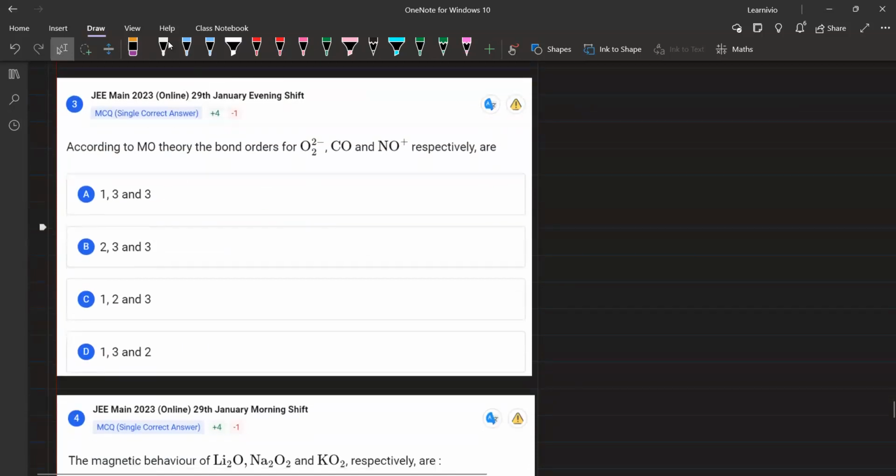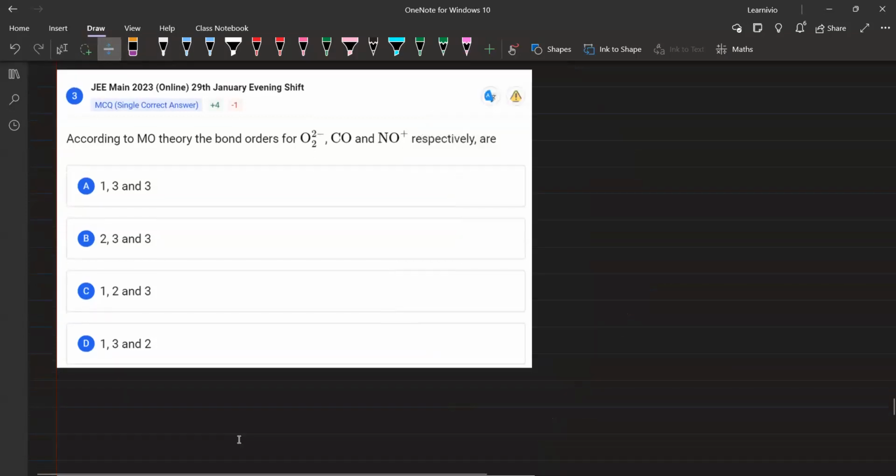According to the MO theory bond orders, you will have to do it for all of them.